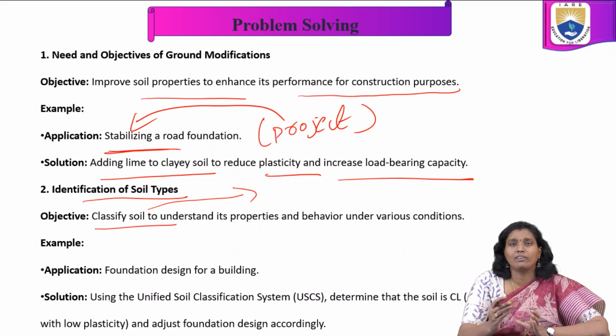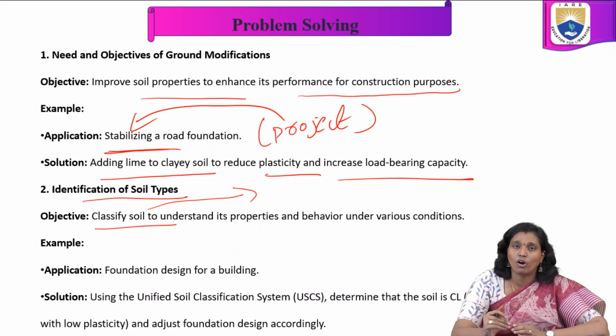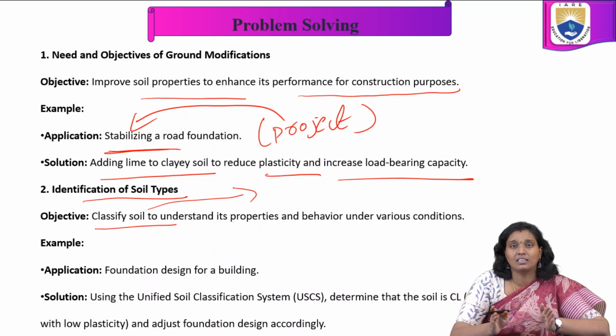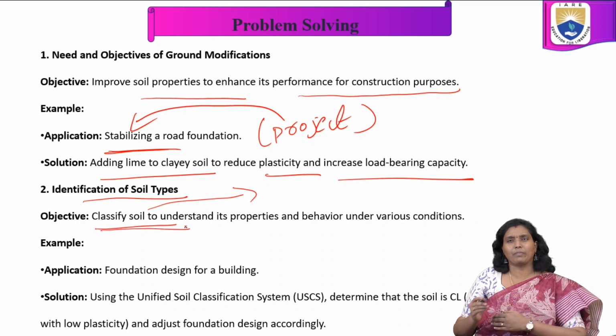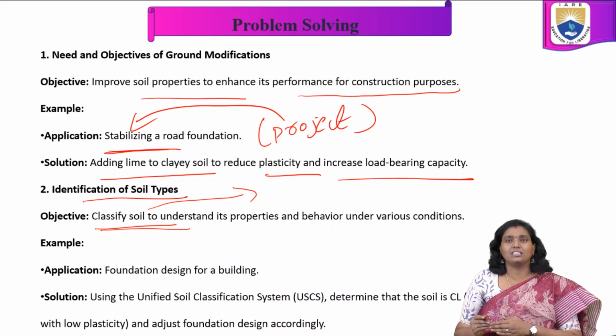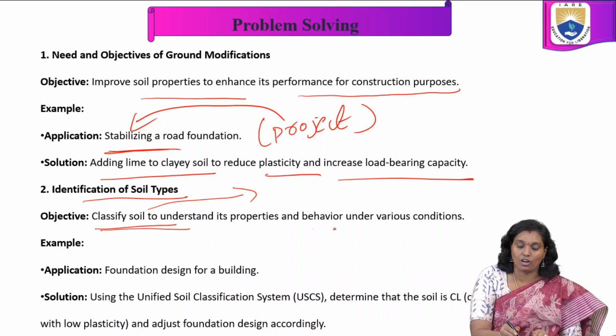According to that, we analyze what kind of property we are going to choose. As per that, the classifications are done, to see whether it is between the desired limits.